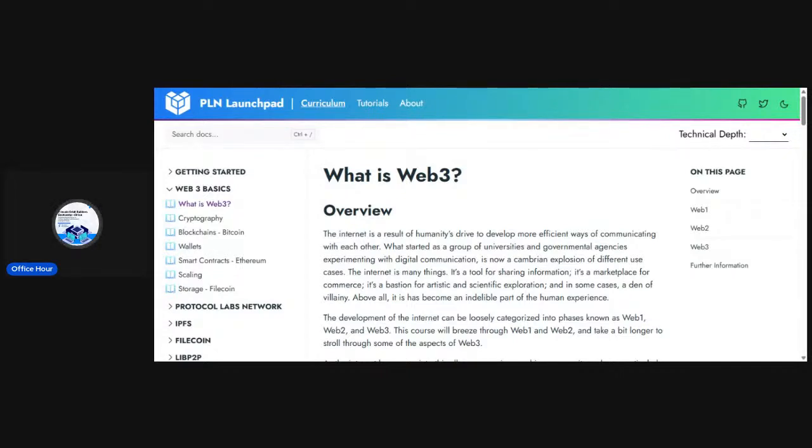The internet is many things. It is a tool for sharing information. It is a marketplace for commerce. It is a backdrop for artists and scientific exploration, and in some cases, a den for villainies. Above all, it has become an indelible part of human experience.